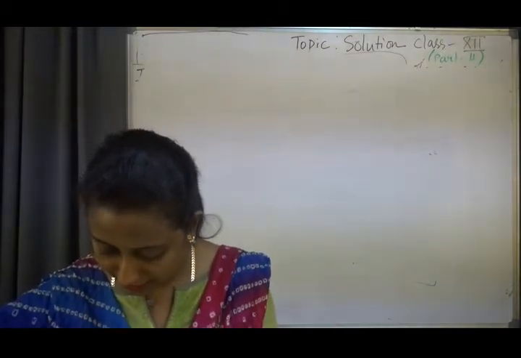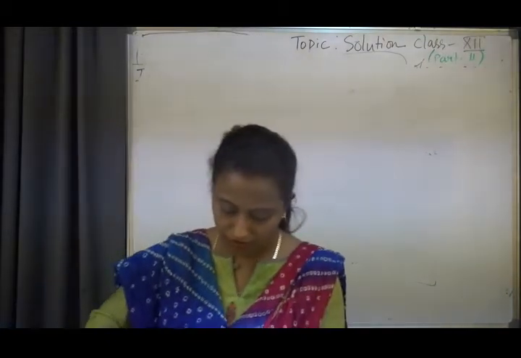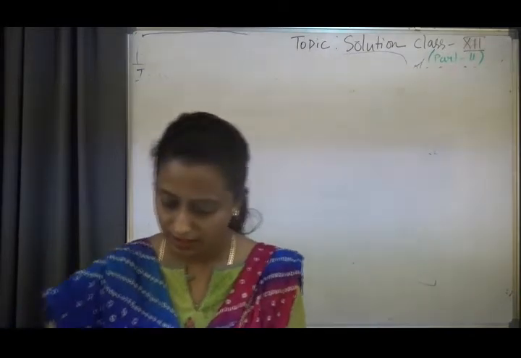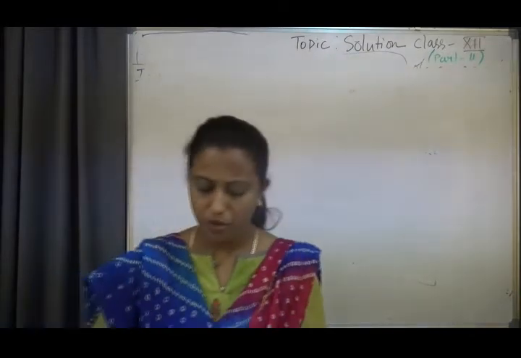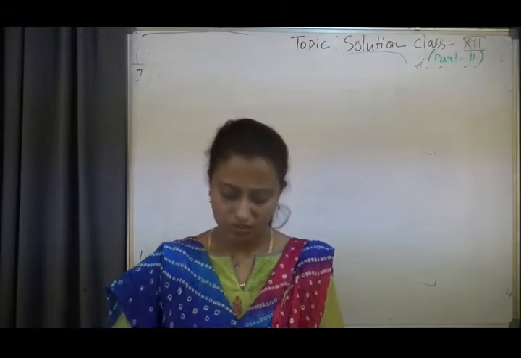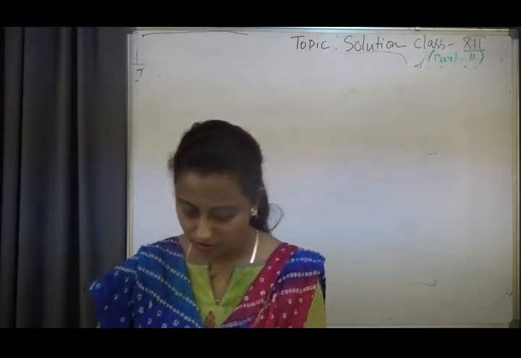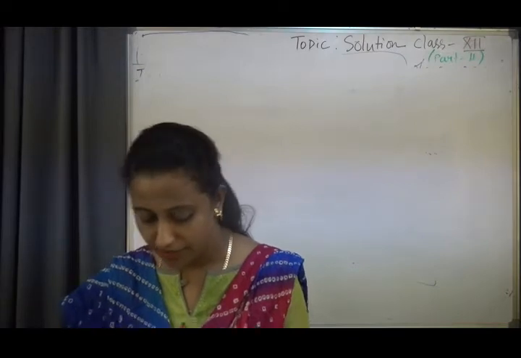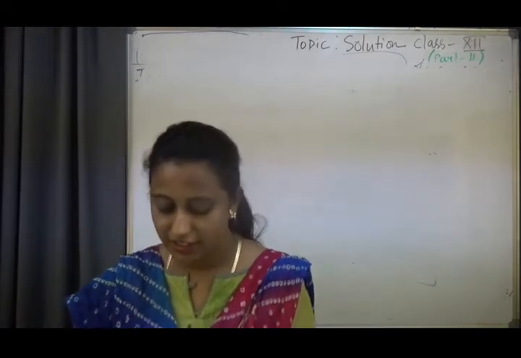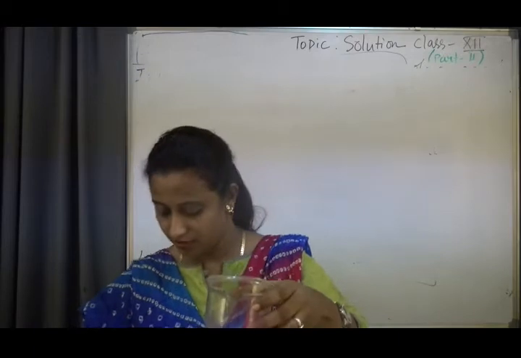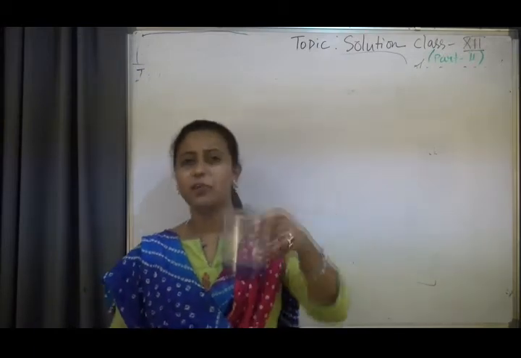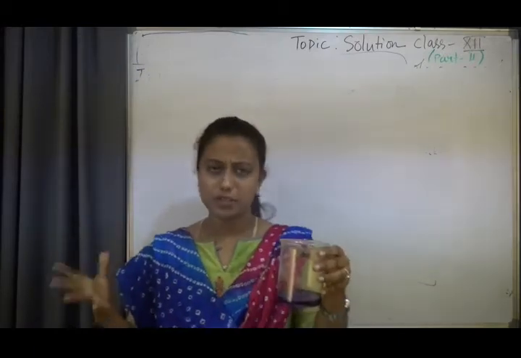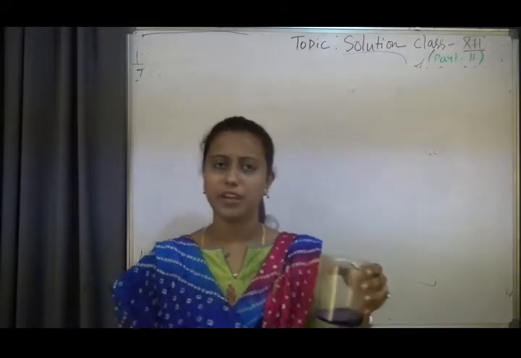Now another thing, all of you have experienced this. If we take potassium permanganate, I have not gone to school, so I was not able to take potassium permanganate from the school, so I have taken something blue here. Suppose assume that this is potassium permanganate. The color of potassium permanganate is violet.